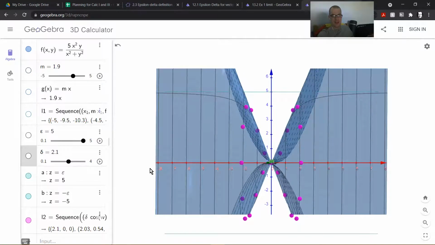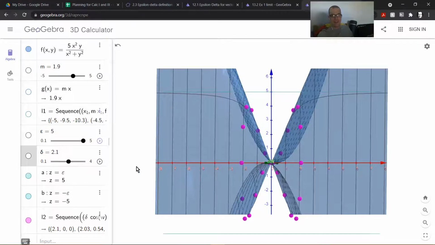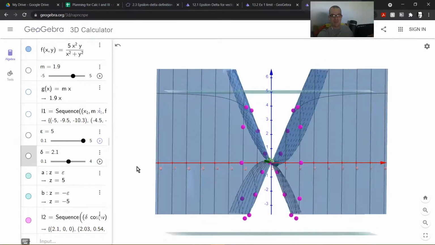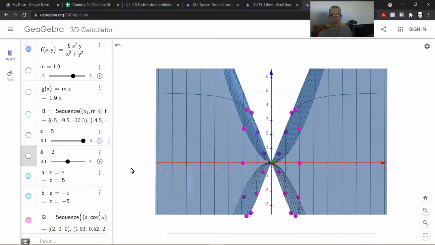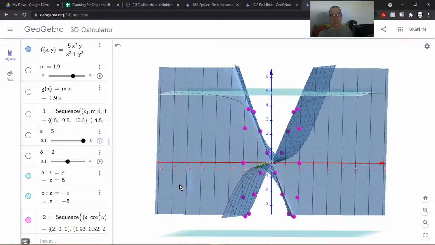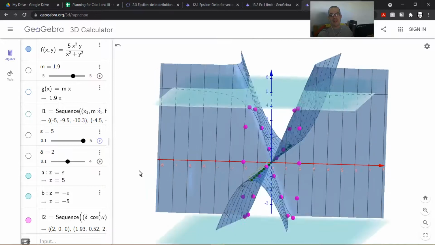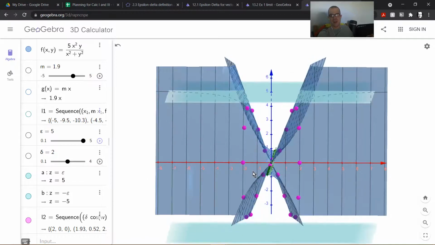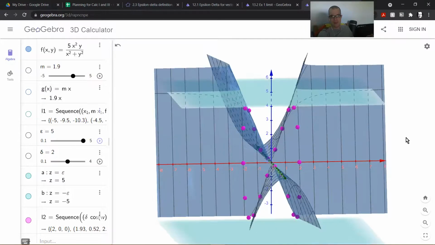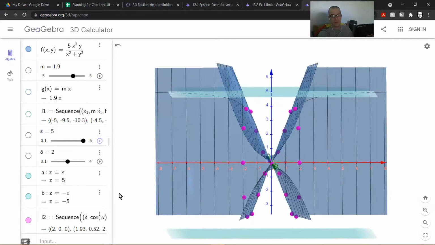For any epsilon, right now epsilon's equal to 5. If epsilon's 5, a delta of 2 works perfectly fine, because whenever we're putting in points that have a radius of 2 from the origin in the domain, all of the z values are within 5 units of 0 in the z direction. So that's perfectly fine.